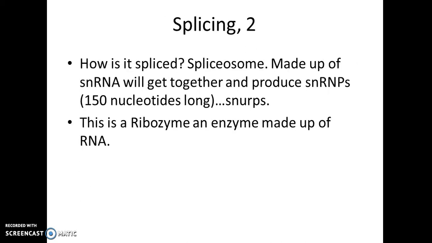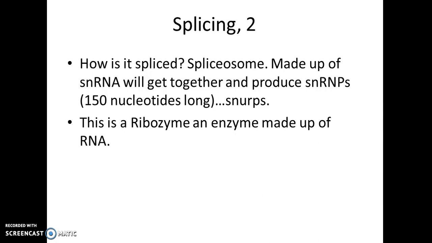How are the exons spliced and joined together? Well, spliceosomes. Spliceosomes are made up of snRNA, or snRNPs. They're about 150 nucleotides long. Remember, RNA nucleotides. They get together to form a spliceosome, and the spliceosome will actually do the splicing out of the introns and the joining of the exons.